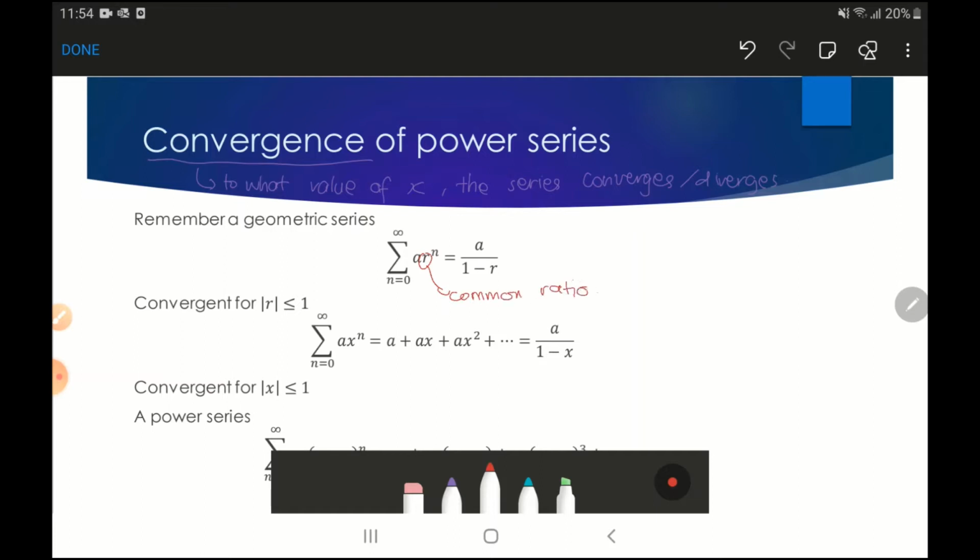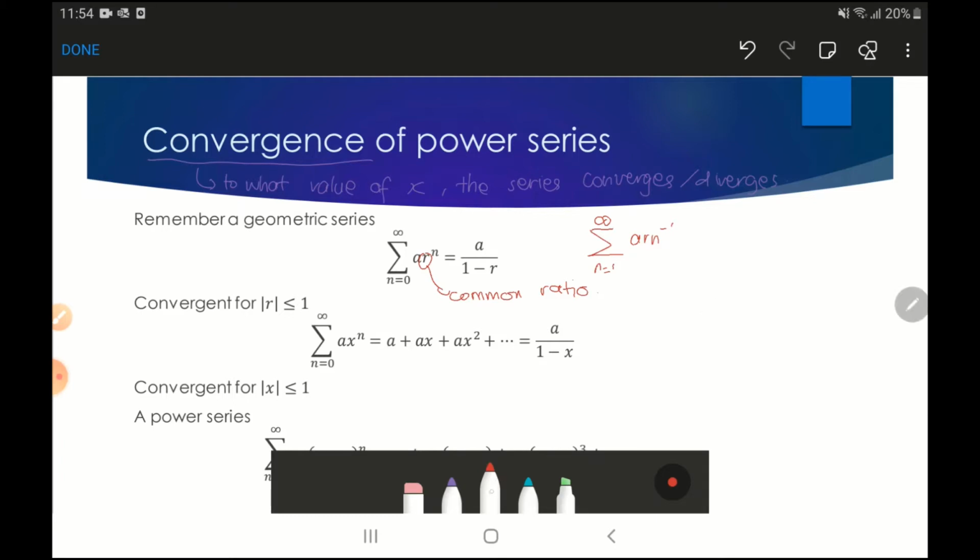Don't get confused by it starting with n equals 0. It's actually the same as starting with 1 and a r^(n-1), so you don't have to worry about it. I just want you to know that in power series, usually we always start with n equals 0.